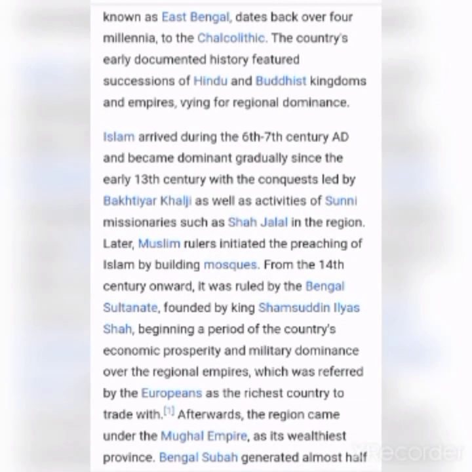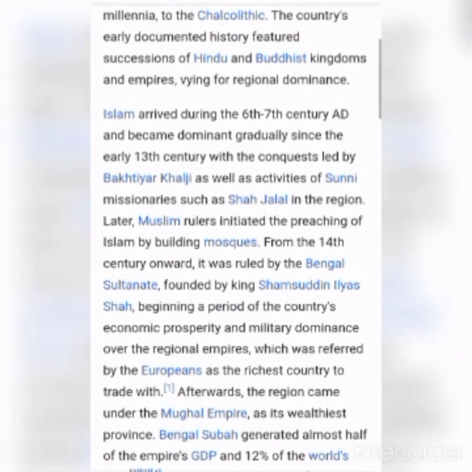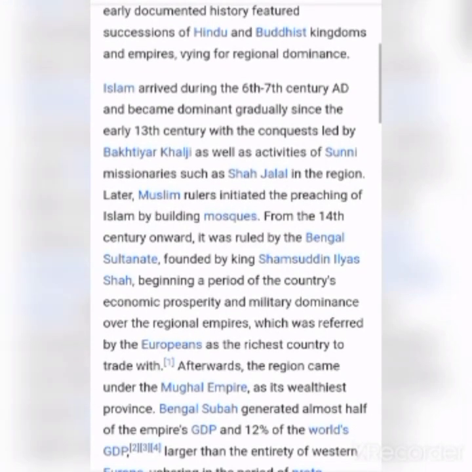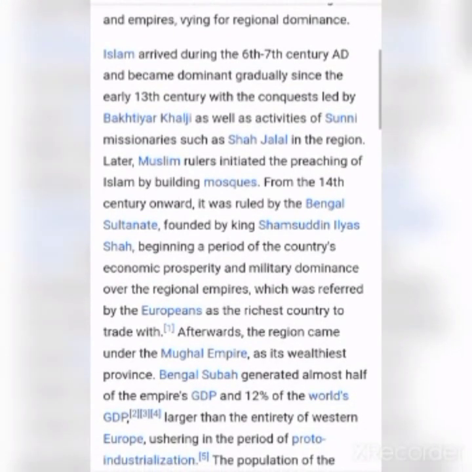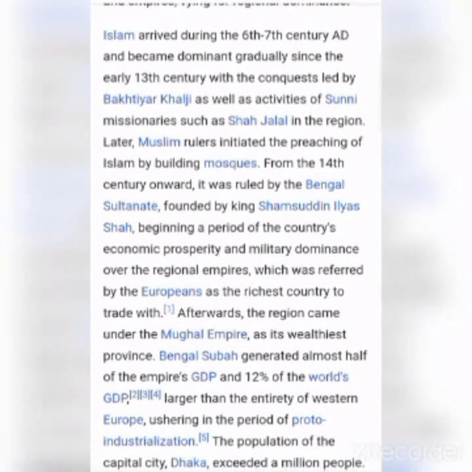Islam arrived during the 6th to 7th century AD and became dominant gradually since the early 13th century with the conquest led by Bakhtiar Khalji, as well as activities of Sunni missionaries such as Shah Jalal in the region.